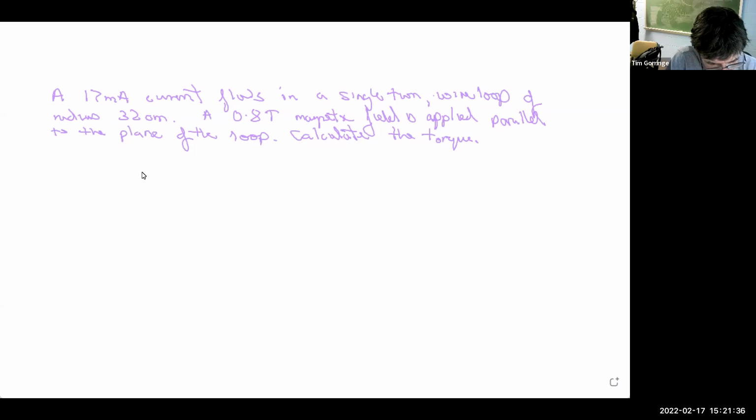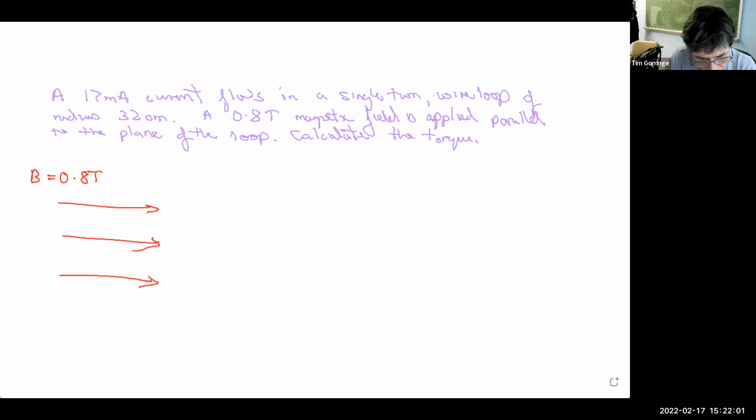So we want to draw the situation in this problem. I've got a uniform magnetic field, and its strength is 0.8 Teslas. We've got a wire loop in that magnetic field.